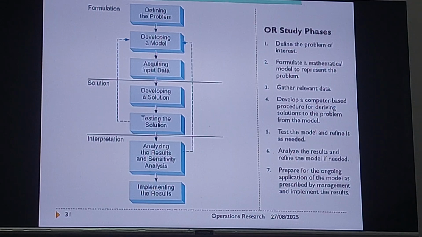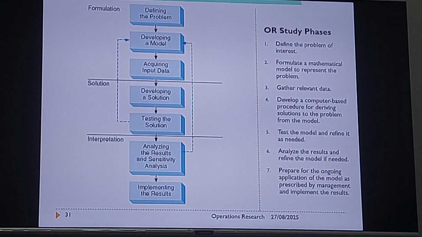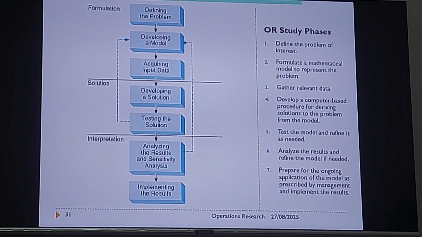The process in the OR study. First, you have to define the problem in a company or in a factory. I think I already explained this a bit before, in the other class.